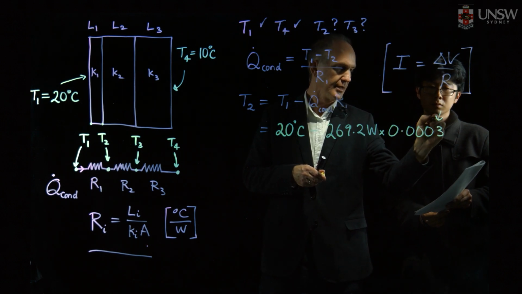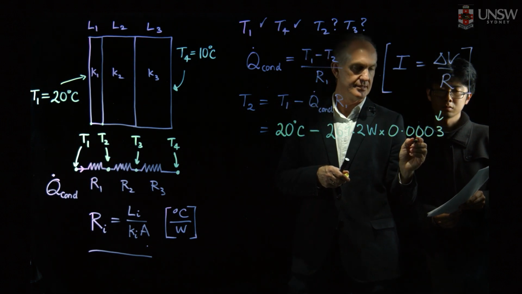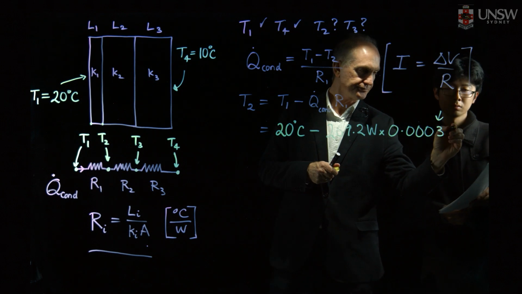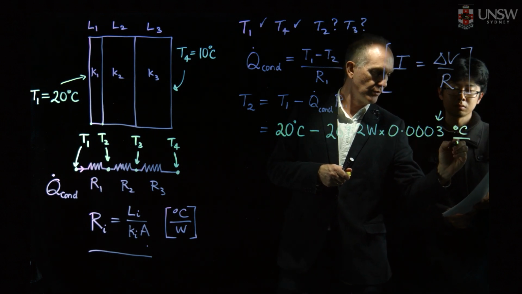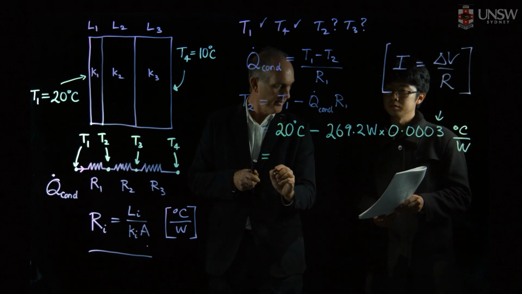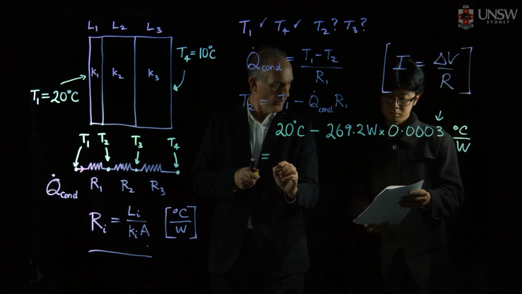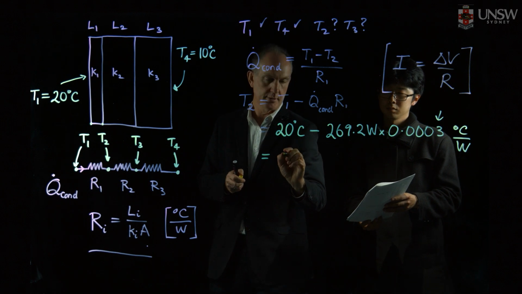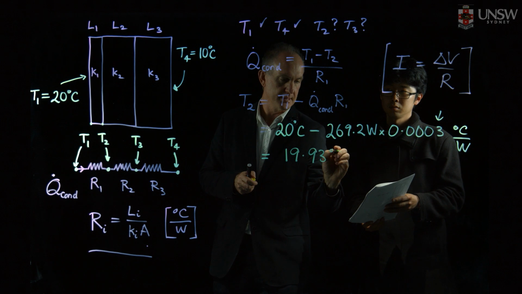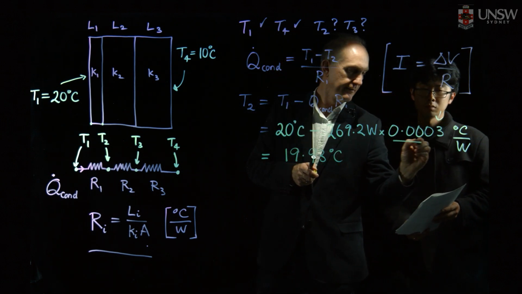Just check the number of significant figures that you've got there, but roughly that sort of number. That's degrees C per watt. And so that tells us that we will have a value for T2 of 19.93 degrees C.